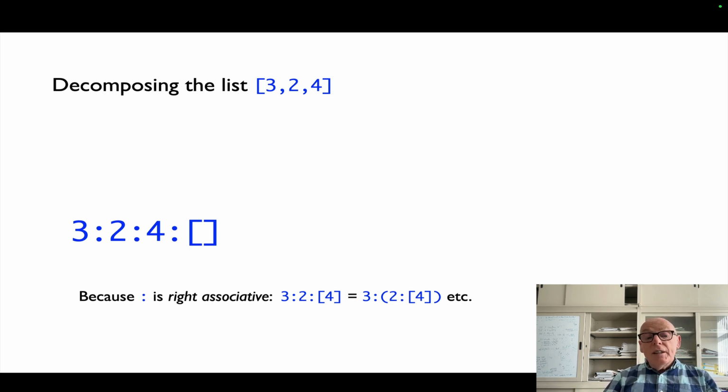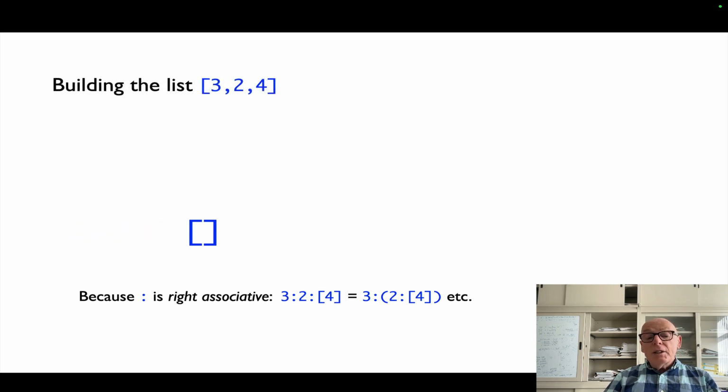So when we see something like 3 cons 2 cons 4 cons the empty list, that's the list 3, 2, 4. That's how it's built up. When we write down the list of elements between square brackets, that's a shorthand for this way of building up the list. And let's just remind ourselves of that again.